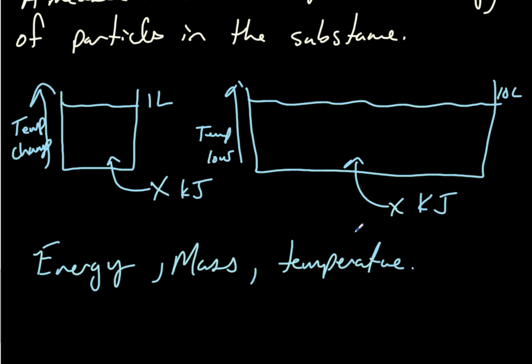So the last thing we need to consider is what's called the specific heat. In other words, how much energy does it take per gram or per mass to change the temperature a certain amount, okay? So these 1, 2, 3, 4 things have to be taken into consideration when we're talking about changes in temperature based on inputting energy into a substance.